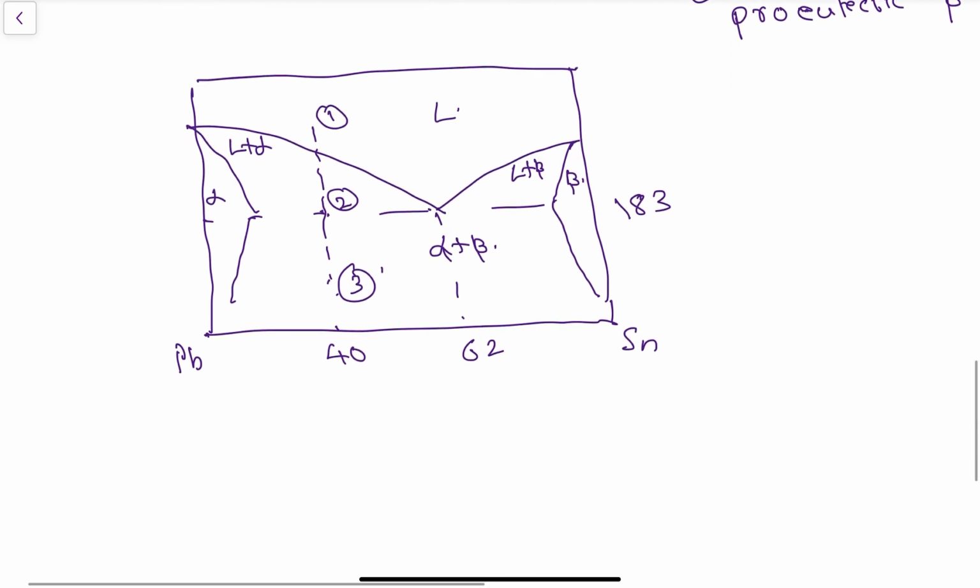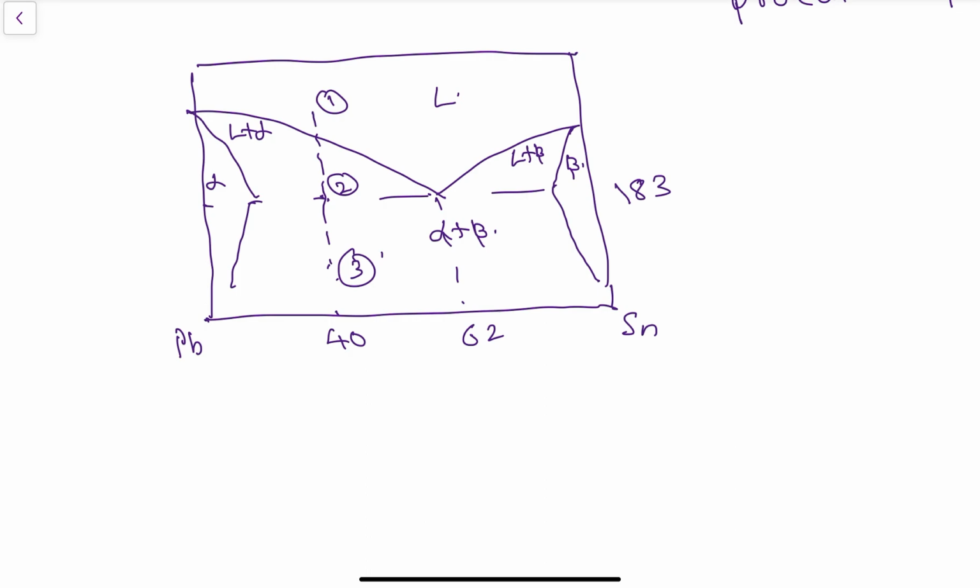Now, if you look carefully, what happens here is for a hypoeutectic reaction. Here we will try to predict the percentage of proeutectic alpha. That means at this composition, I need to find the total percentage of proeutectic alpha. For that, at 2, I will just draw a line here, just on the top of it.